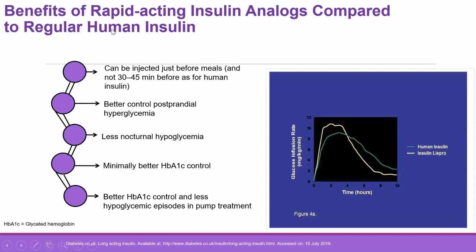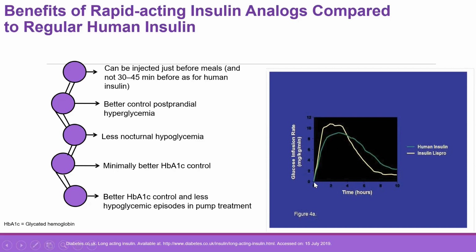Now, when we give rapid acting insulin analogs compared to regular insulin, as I've told you, the regular insulin has a longer duration of action than expected, and it has a slightly lower peak compared to the physiological pattern of insulin secretion.